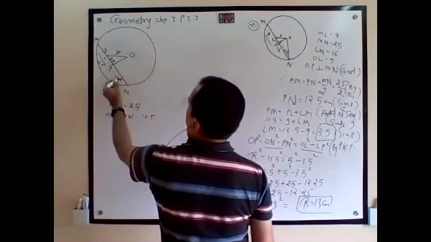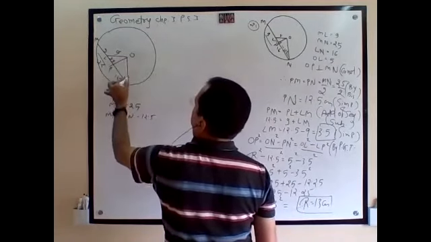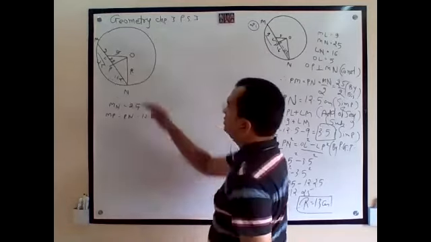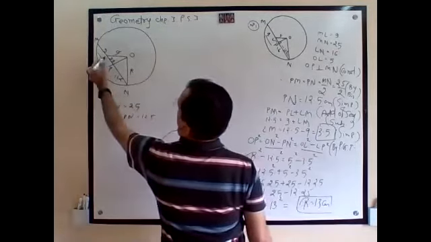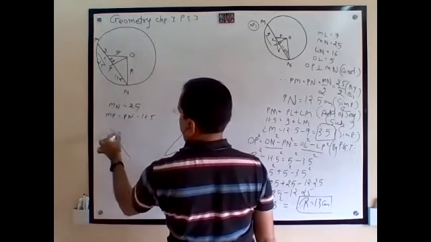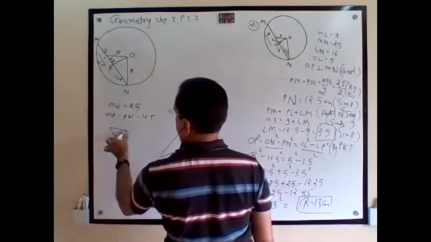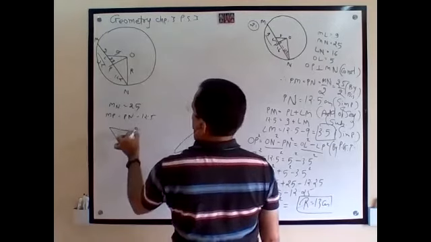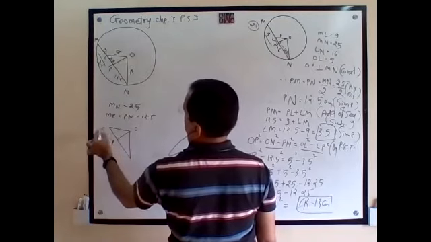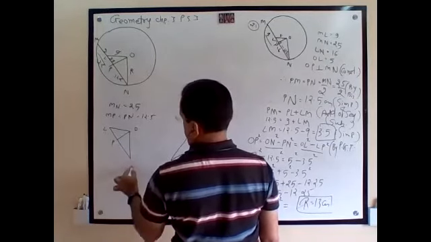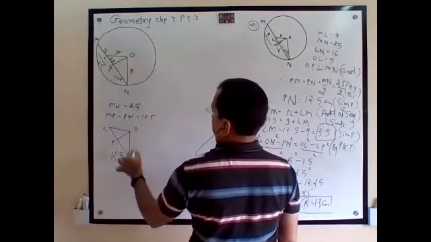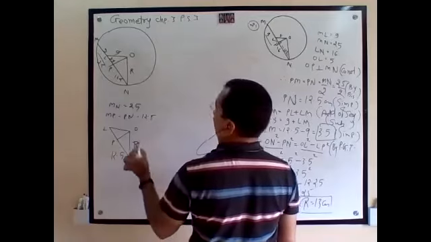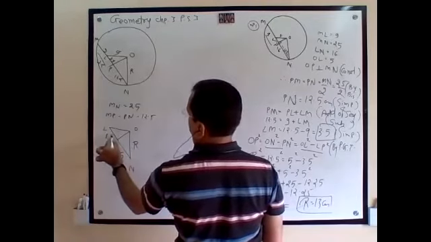This is 12.5. Now this is radii. In this triangle, this is L. So it is now like this. O, P, L, N. PL you got 12.5. This is radii that we have to find. This is 3.5.